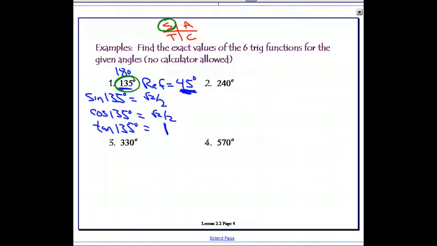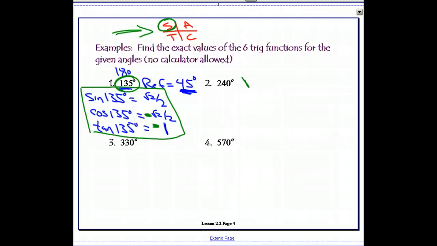So the square root of 2 over 2 is positive. The cosine should be negative, and the tangent should be negative. So you ignore it till the very, very end, and then come back to a smart trig class, and get your plus or minus signs. So I've got those three. I'll let you guys do the reciprocal values. You just take, literally, the reciprocals.